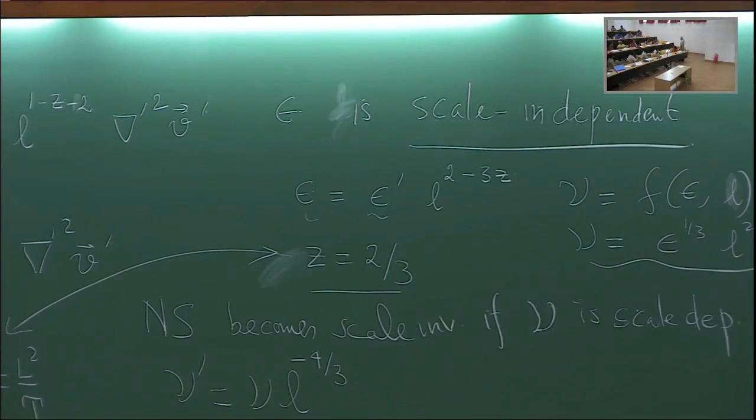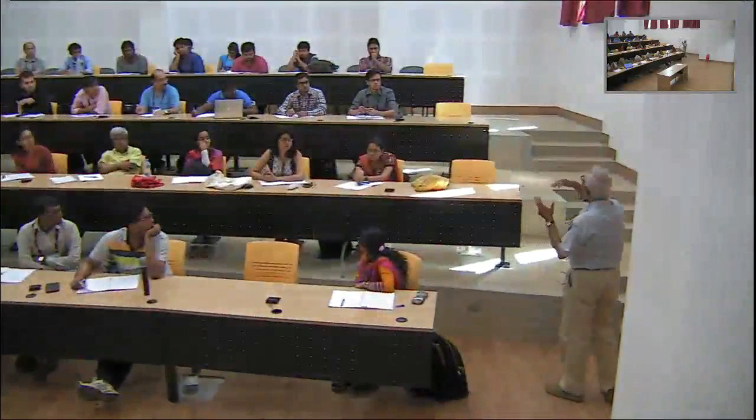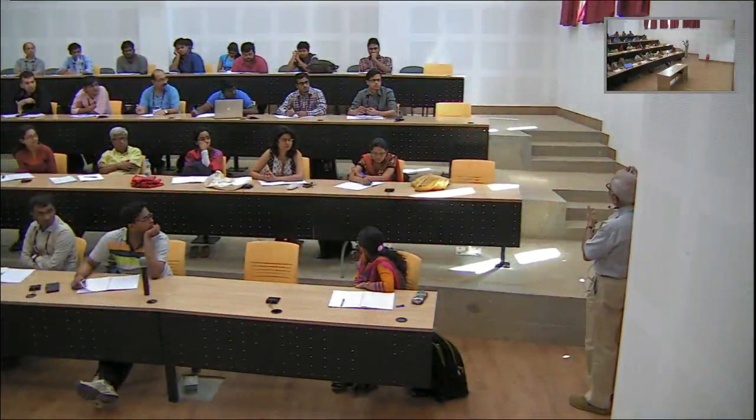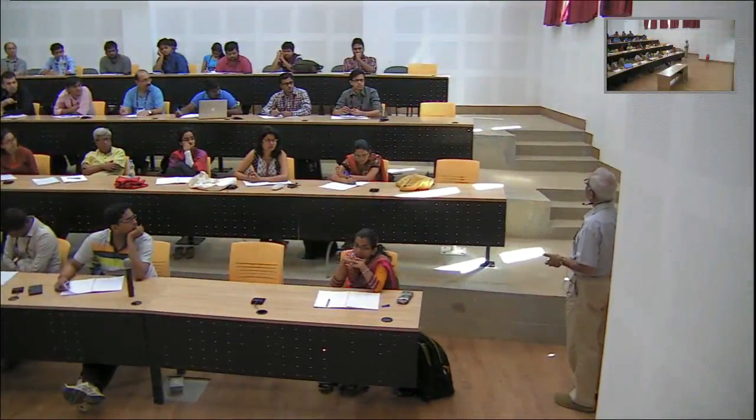Right, so this is the scaling of the eddy viscosity. If you took the Reynolds stress and used it to define an effective viscosity, then that would be your eddy viscosity.